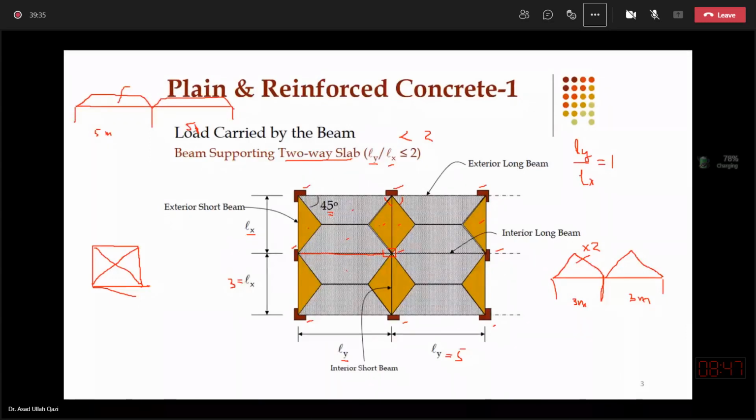So it means into 2 because they are interior. If it will be exterior, then it will be 1. If we are discussing the exterior short span beam, then there will be one triangle in each span.